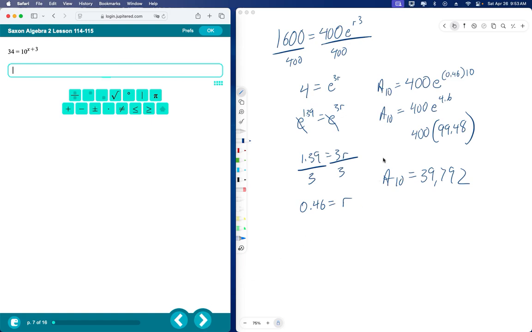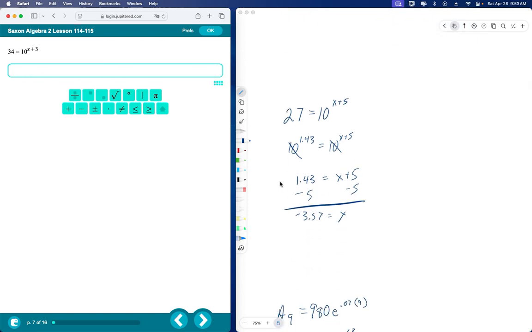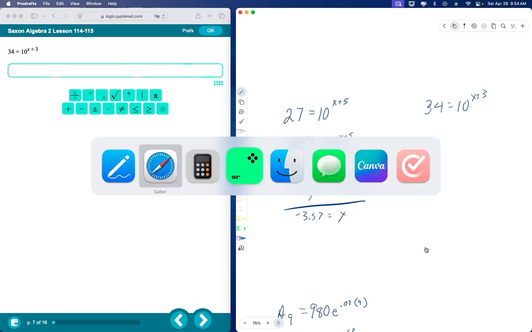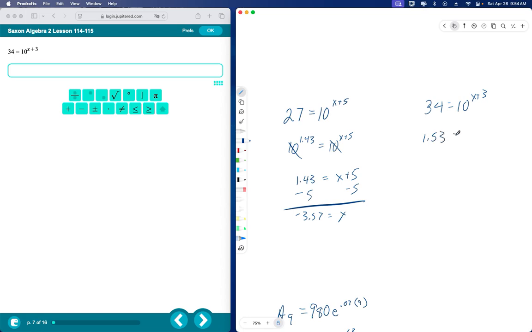Number 7. Same thing as we did up here, right? Remember this one? We put this base 10 to get our exponent, and then we cancel the 10. That's the exact same thing we're going to do here. In fact, I'm just going to do it right here. 34 equals 10^(x+3). So we're going to base 10 it. 34 log 10, 1.53. So 1.53 is equal to x plus 3, because that would have been the base 10 here, and then we would have canceled them.